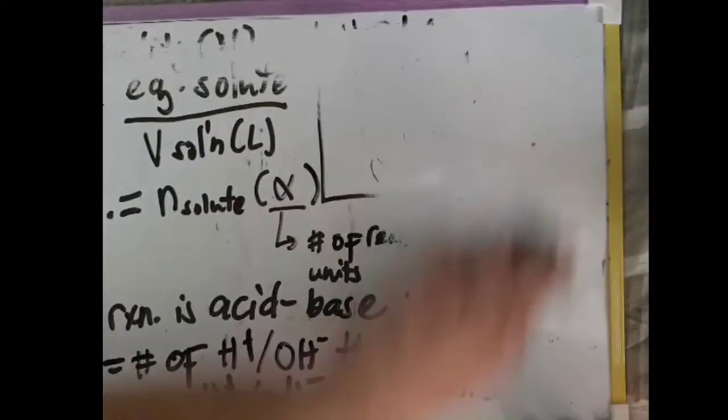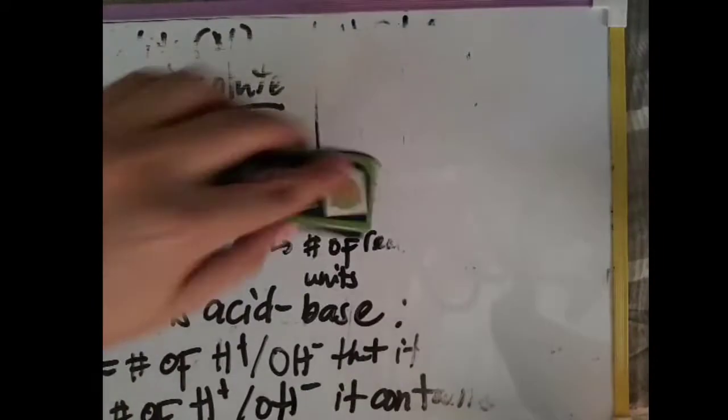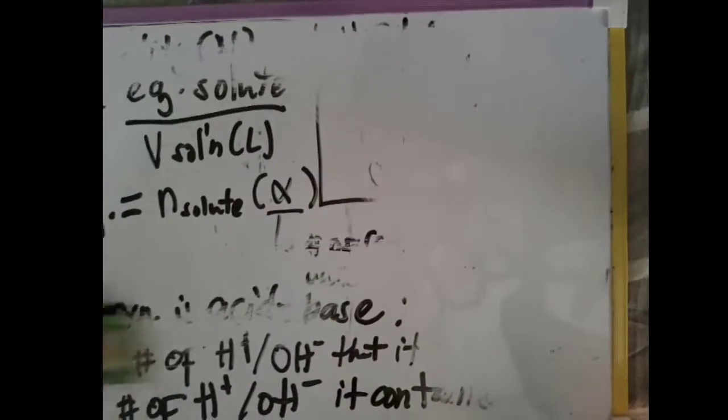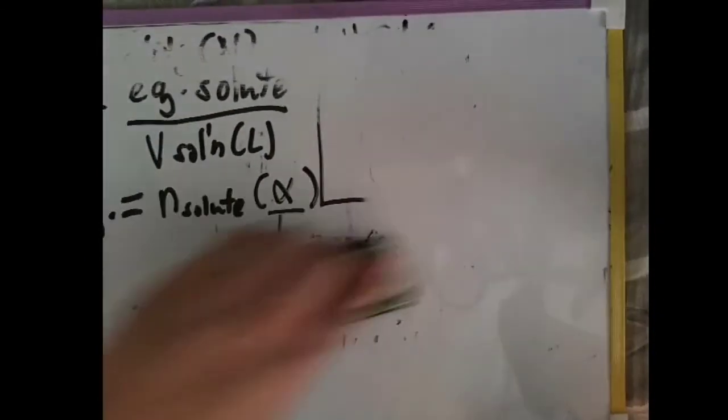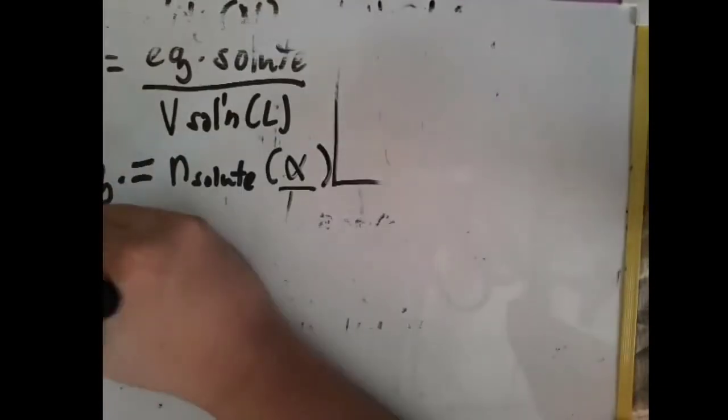Now, when we discuss redox reactions, that is again a bit tricky, because you need to have a background on what redox reactions are and how to balance them, so we'll have a separate tutorial for that.